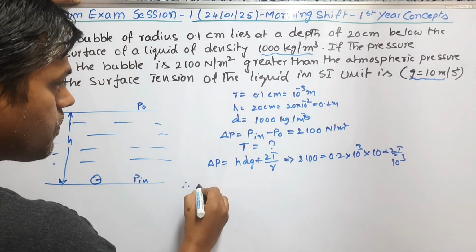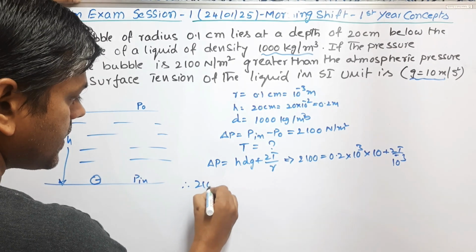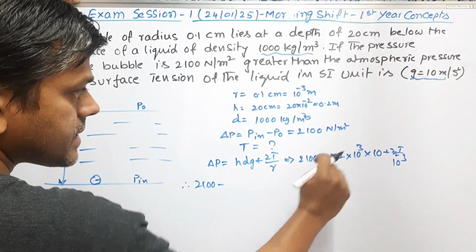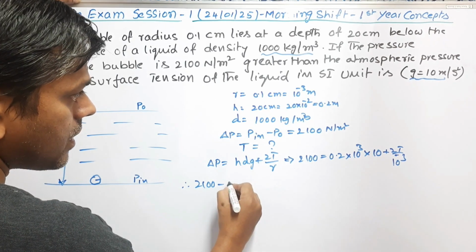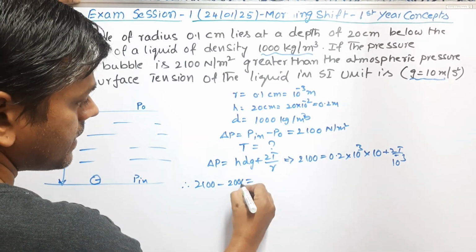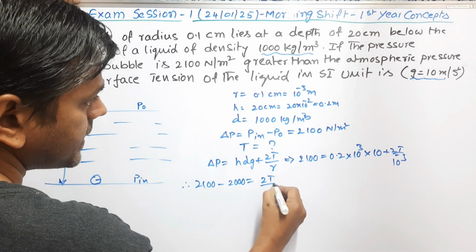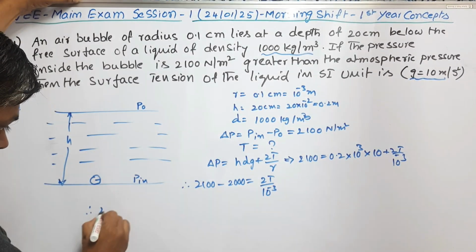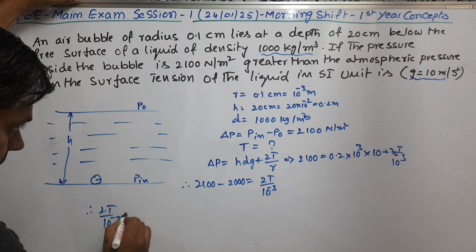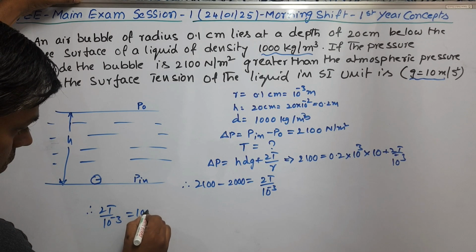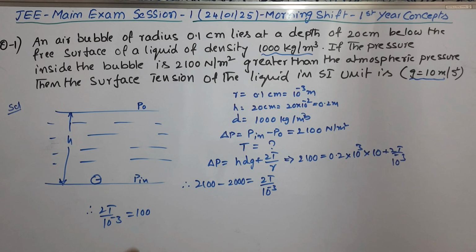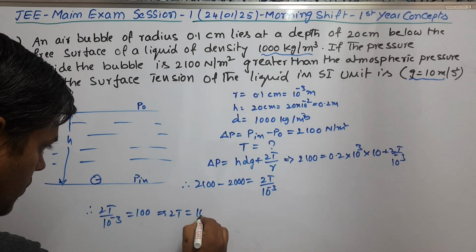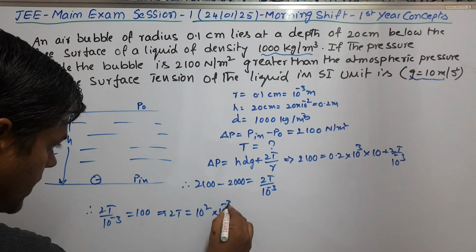Therefore 2100 minus 200 gives 2000, which is equal to 2T by 10 power minus 3. Therefore 2T by 10 power minus 3 is equal to 2000, so 2T is equal to 2 into 10 cube into 10 power minus 3.